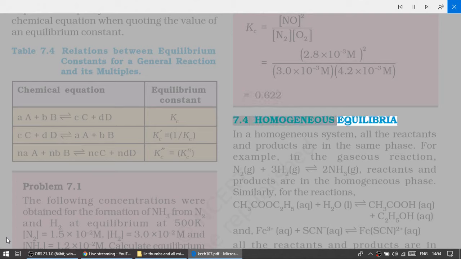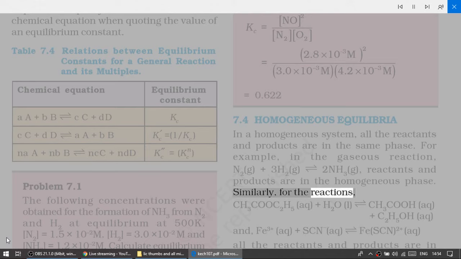Homogeneous equilibria. In a homogeneous system, all the reactants and products are in the same phase. For example, in the gaseous reaction N2(g) + 3H2(g) ⇌ 2NH3(g), reactants and products are in the homogeneous gas phase.